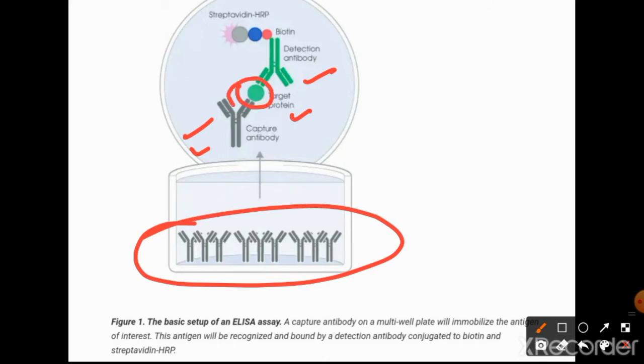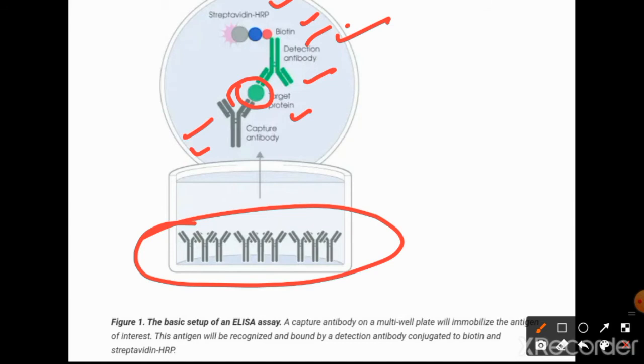So here this antigen is immobilized with the help of these capture antibody molecules. The antigen is then complexed to a detection antibody that is shown by the green color. This detection antibody is conjugated with a molecule for detection purpose, like here it is labeled with biotin and streptavidin, HRP enzyme, or any fluorophore compound.